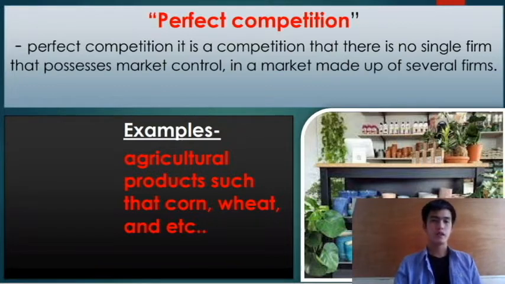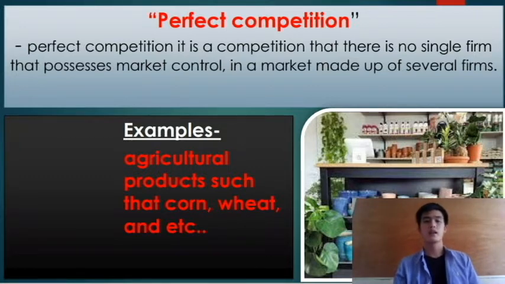Also, in some cases, there are several farmers selling identical products to the market, and many buyers and sellers. An example of that is agricultural products such as corn, wheat, and so on.